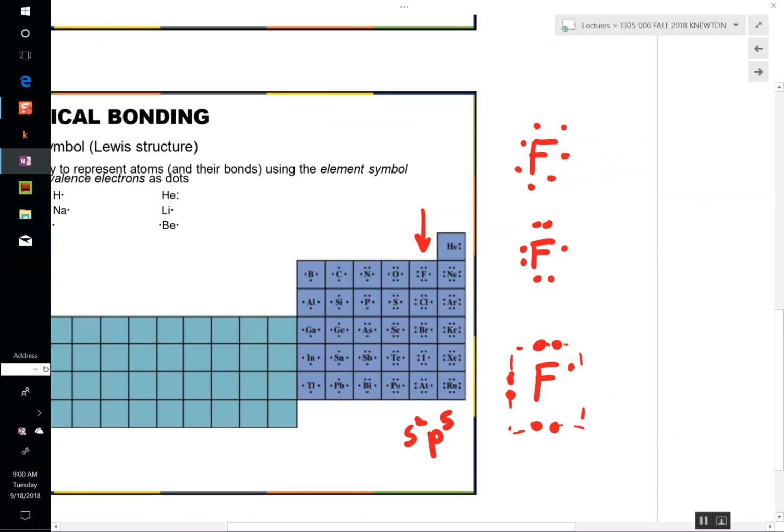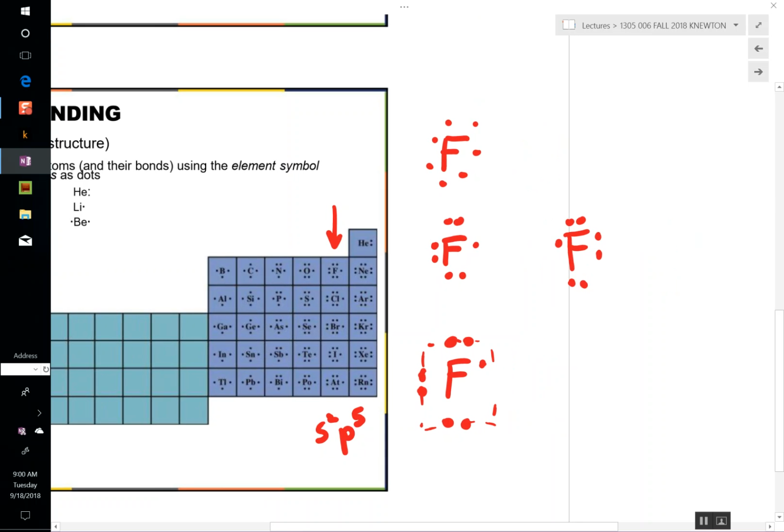It doesn't matter to me if you did it like this. You can put that single dot wherever you want, top, bottom, either side. But with that kind of pattern, 3 sets of 2 and an unpaired electron right there.